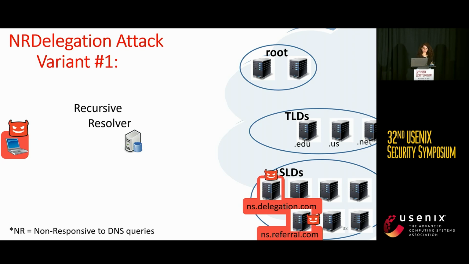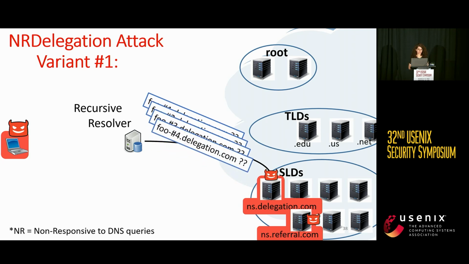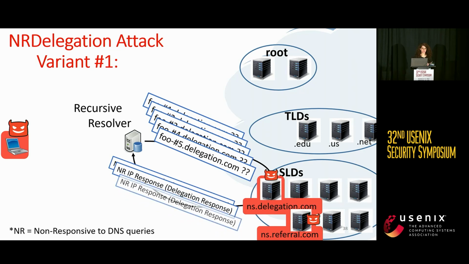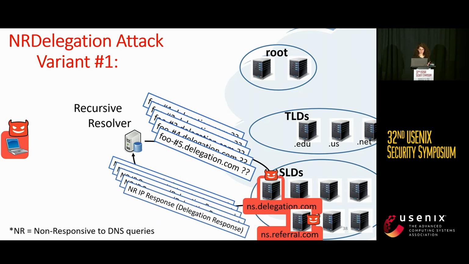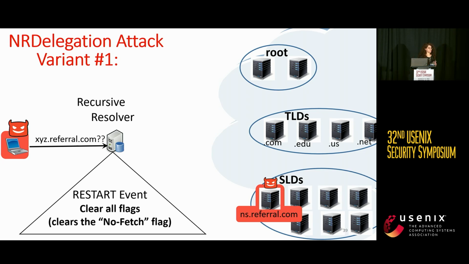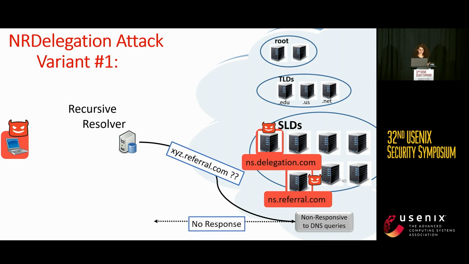So we're redirected to another malicious authoritative server, and we query 5 of the names shown in the referral list and receive a non-responsive-to-DNS-queries IP as the response. Now, as we saw before, we have the restart event in which the no-fetch flag and all the flags are cleared. And the resolver tries to resolve the original client query with this non-responsive resource.